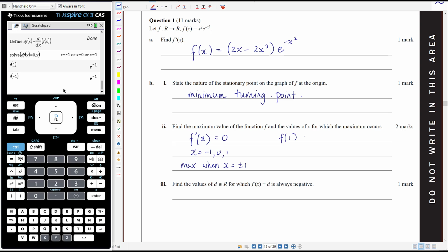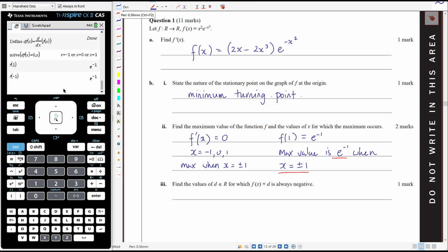It certainly is. Okay, so therefore we have max value is e to the negative 1 when x is equal to positive or negative 1. Okay, so answering the question, find the maximum value and the values of x for which this occurs. Maximum value is this at these x values. That's all the 2 marks would be for, so just make sure you fully answer the question.